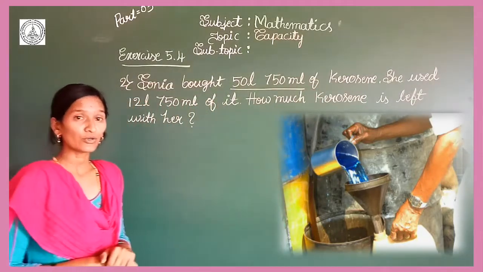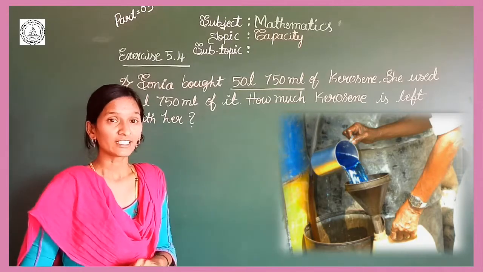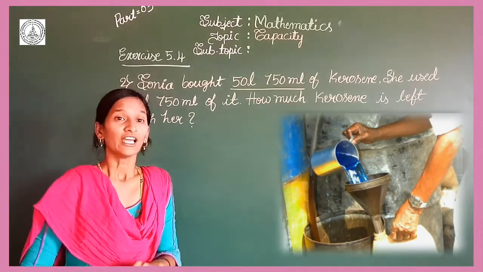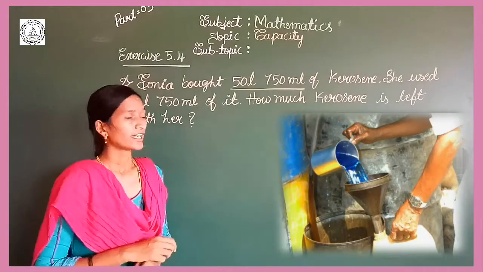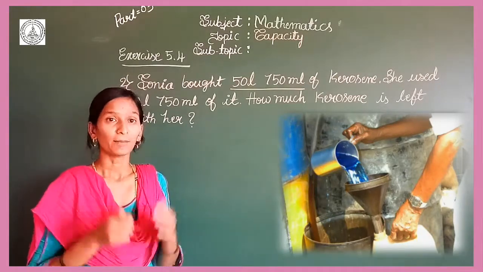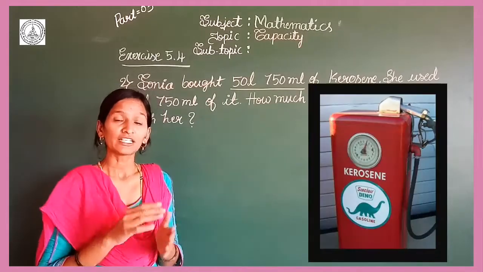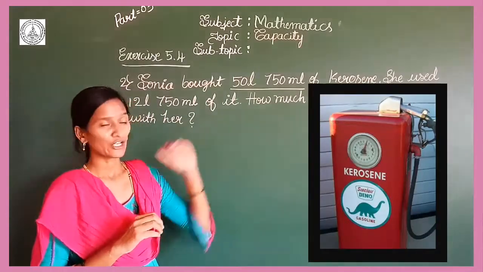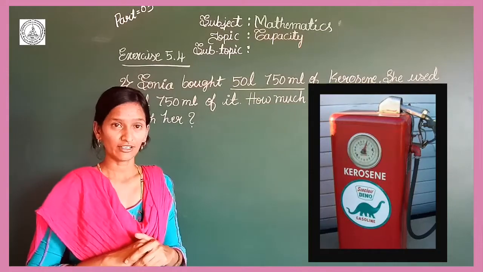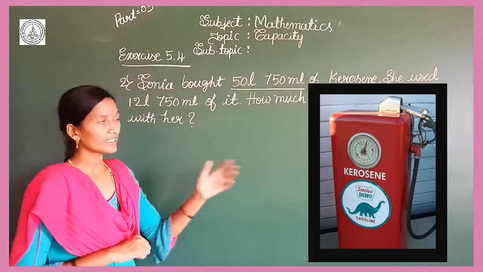Right. So do you know kerosene? In Kannada it is Seeme Enne. See, in villages they use it as a fuel. But nowadays we are using LPG, right? But in villages they are using kerosene as a fuel, right? See, this is kerosene.